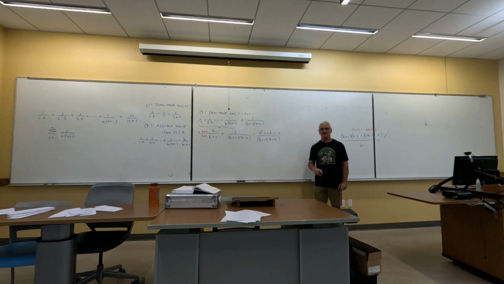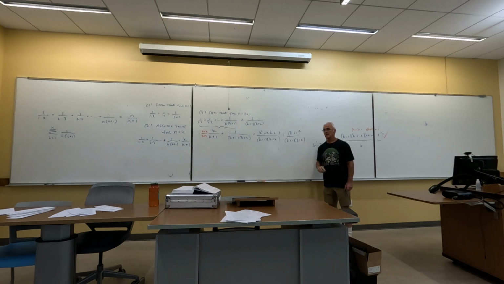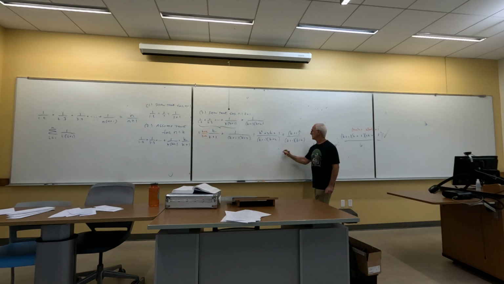Well, that doesn't exactly look like my finished form. Oh, wait a minute. Tell me about the numerator. Isn't that k plus 1 quantity squared? Can I cancel a k plus 1? What does that give me? K plus 1 over k plus 2.